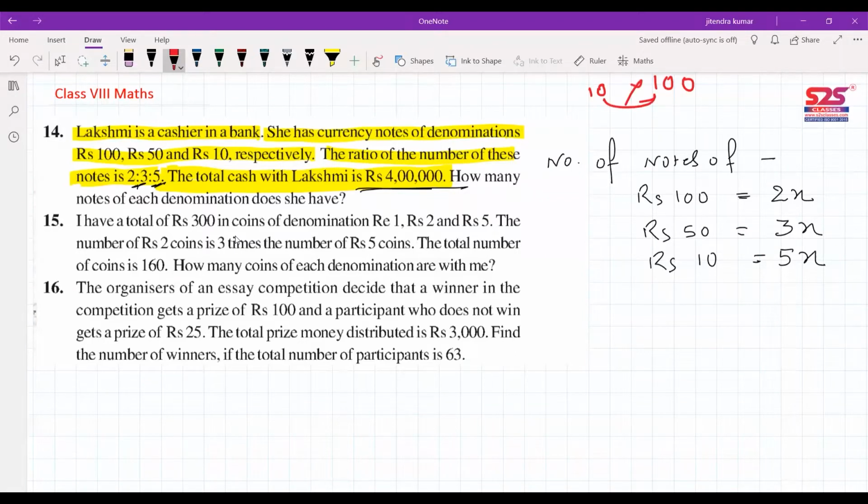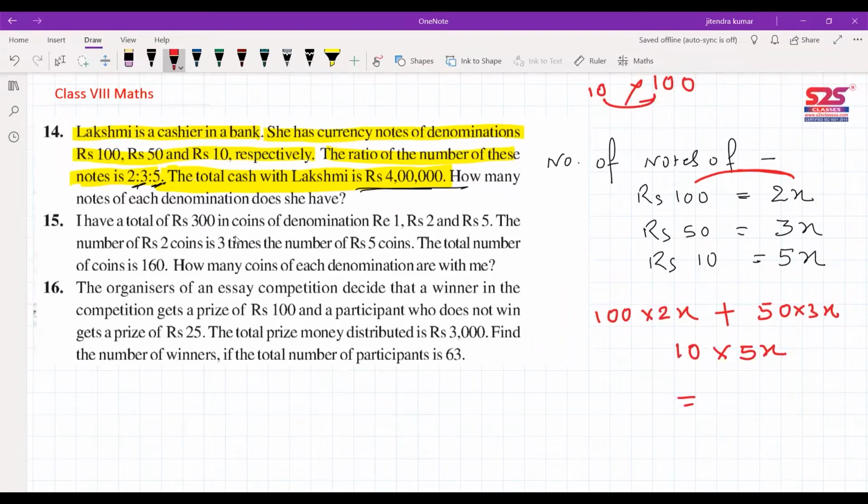Similarly, if we have 2x notes of 100, then we are going to multiply to find the total amount. So the total amount will be equal to 100 into 2x. In case of 50 rupees, the total amount will be 50 into 3x. And in case of rupees 10, we will have 10 into 5x.